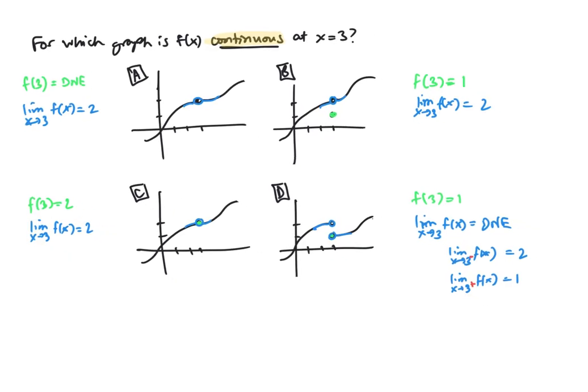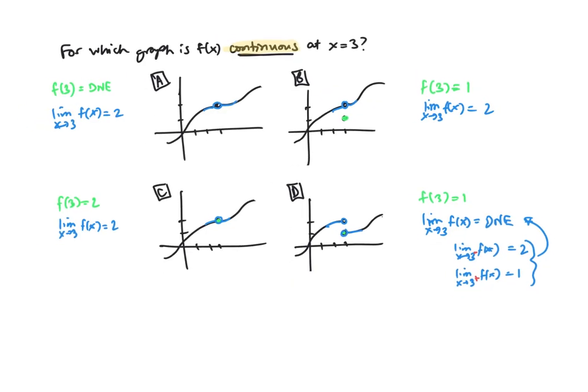So if those don't equal each other, we know this fact: I do not have a two-sided limit. So there's an implied thing that we need to consider here, which is in order to state that the limit exists, we need to check the left and the right hand limits. So there we have our analysis of what is going on in each of these graphs.